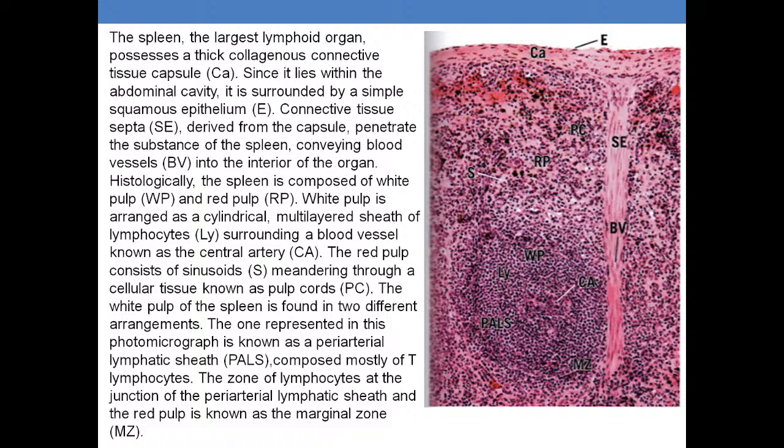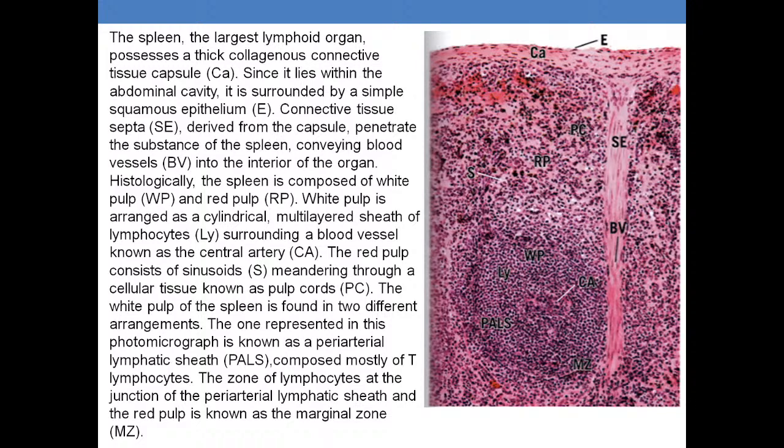White pulp is arranged as a cylindrical, multi-layered sheath of lymphocytes surrounding a blood vessel known as the central artery. The red pulp consists of sinusoids meandering through the cellular tissue known as pulp cords. The white pulp of the spleen is found in two different arrangements.